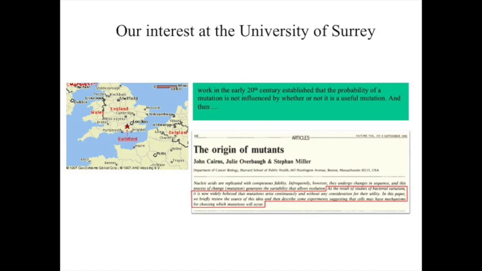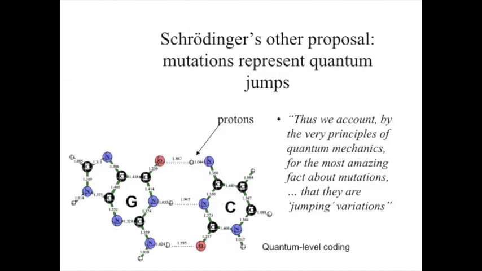And what he found was that the mutation rate to allow them to grow took place much more rapidly on the plates in which the substrate, which was glucose, was there. So his experiments suggested that cells may have mechanisms for choosing which mutations will occur. Extraordinarily controversial at the time. It generated thousands of letters to Nature.